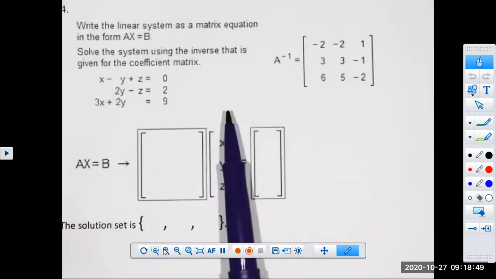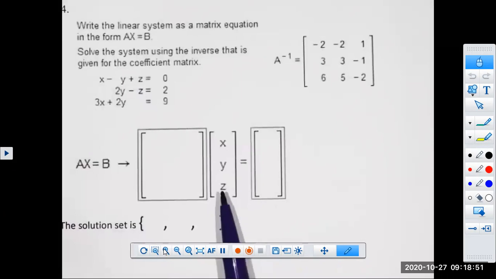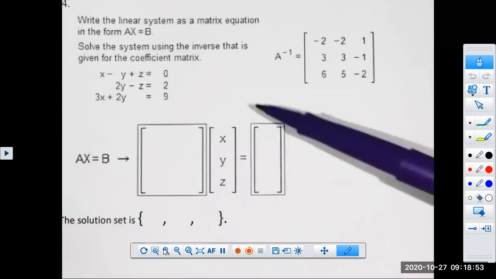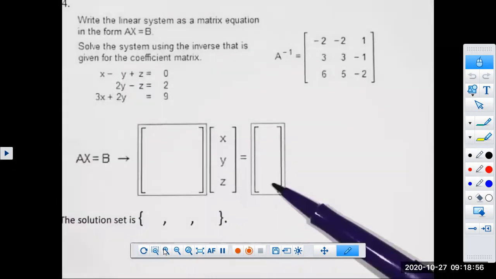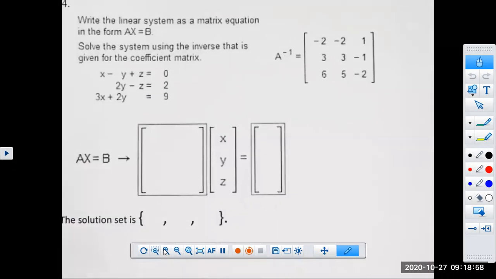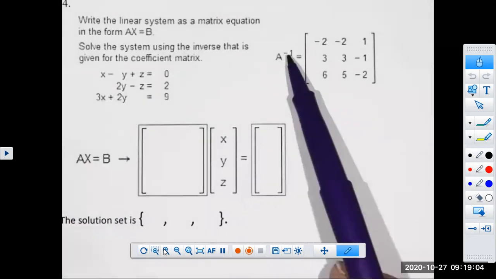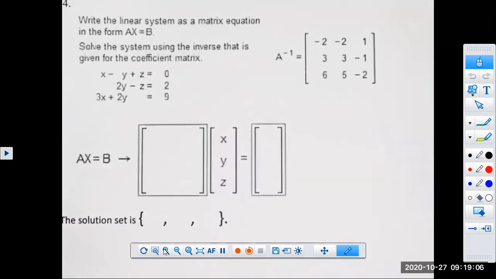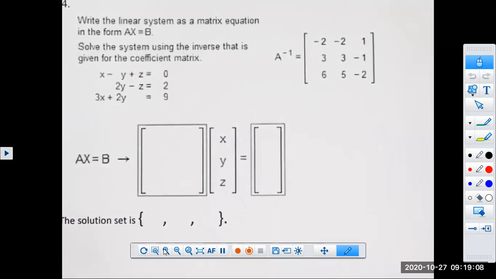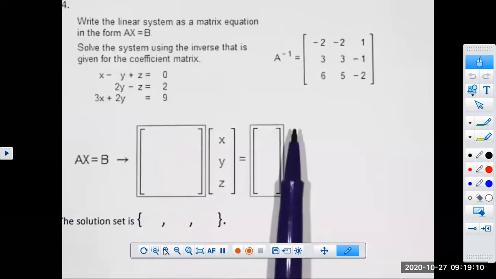They already give you your variable matrix. And of course, you're going to fill in 0 to 9 in your constant matrix. Now, what they do for a 3x3, they go ahead and give you your inverse. So you don't have to find it. So all you have to do is simply fill in your coefficient, fill in your constant.